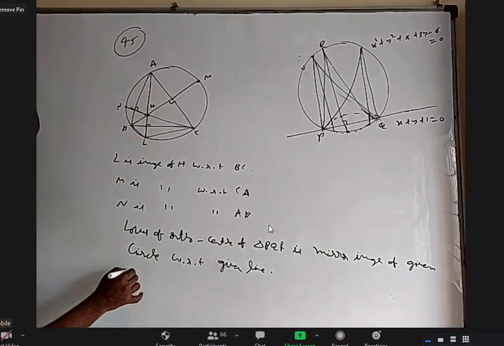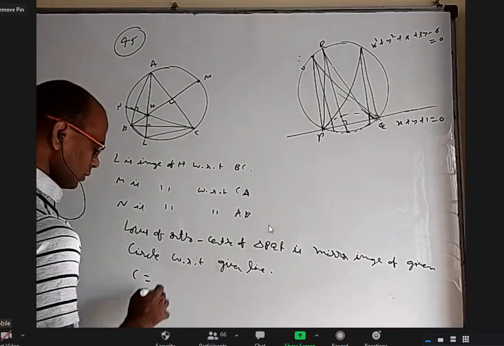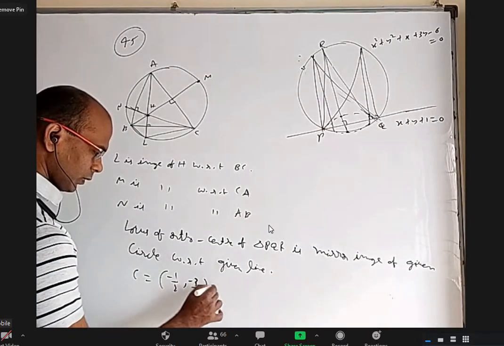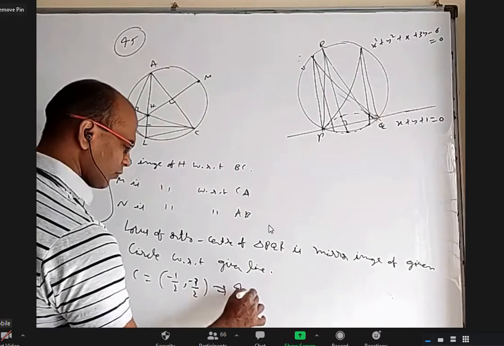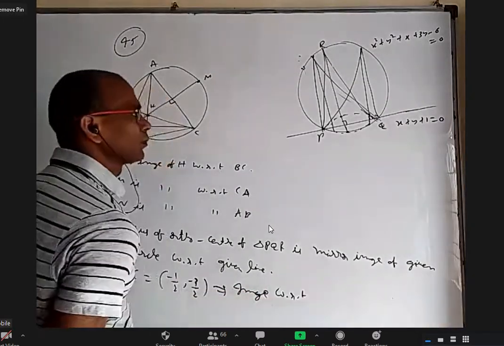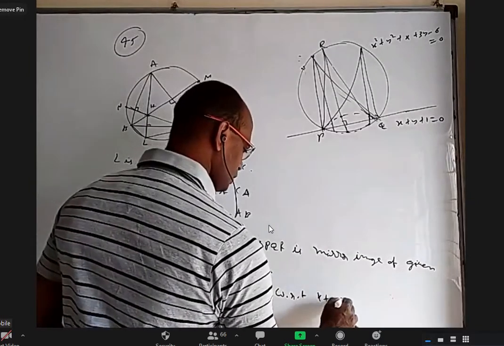What is the center of the given circle? Minus 1/2 comma minus 3/2. You have to find its image with respect to x plus y plus 1 equal to 0.